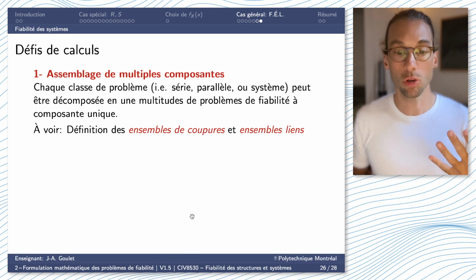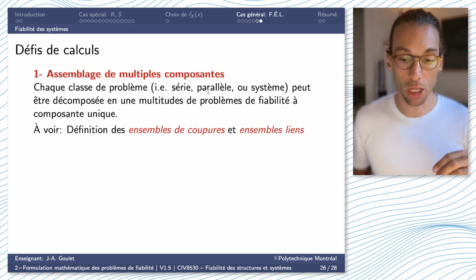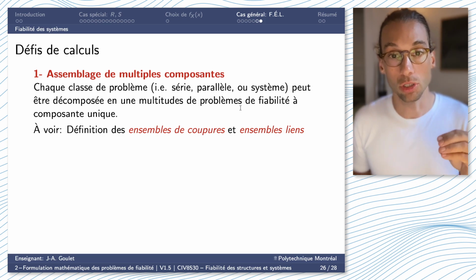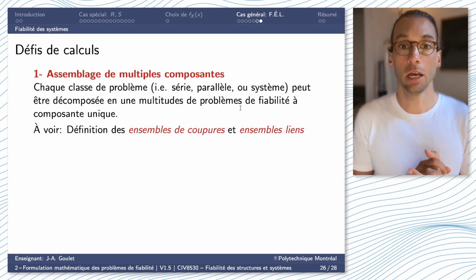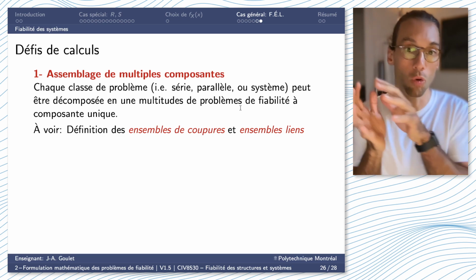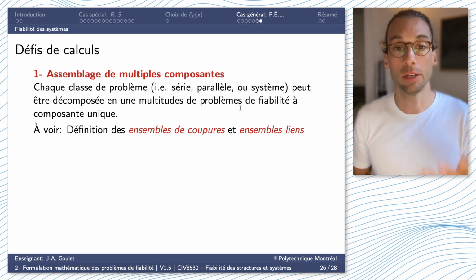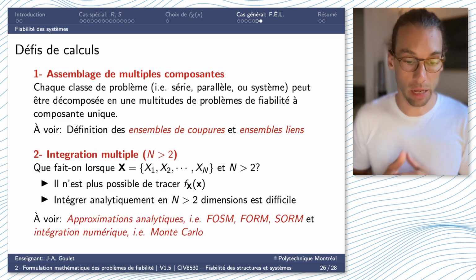First is that when we want to assemble multiple components, we need to see concepts such as couplings, and that will allow us to model either parallel component or series problems and assemble them in order to make a general system reliability problem.